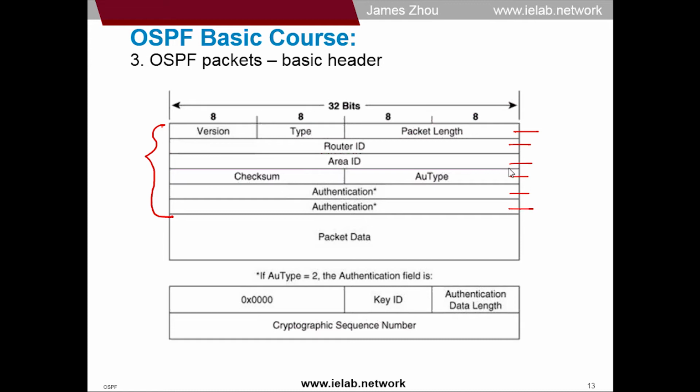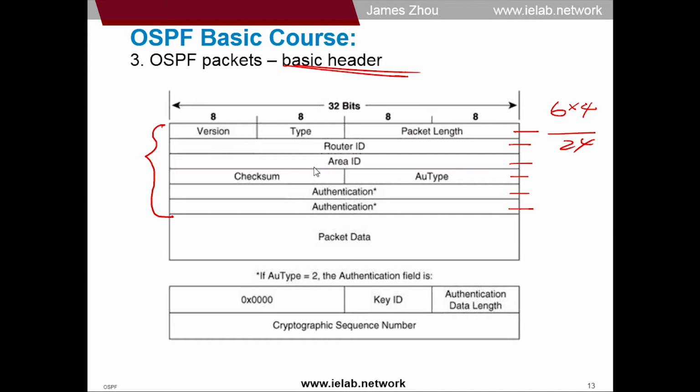So the basic OSPF header is 6 lines of 4 bytes, so 24 bytes.